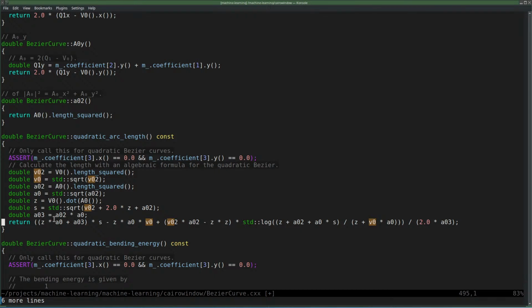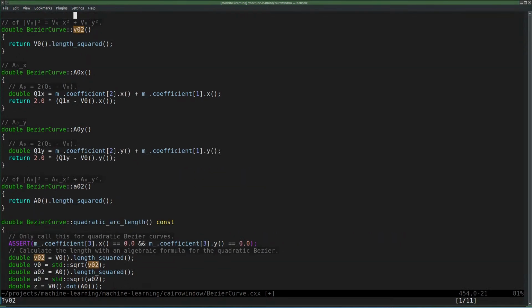You can do that by expressing each and everything that is here in those variables. For example, the v0 squared, which is used, is this, which is this. Yeah, so I have expressed that into those 2 variables.